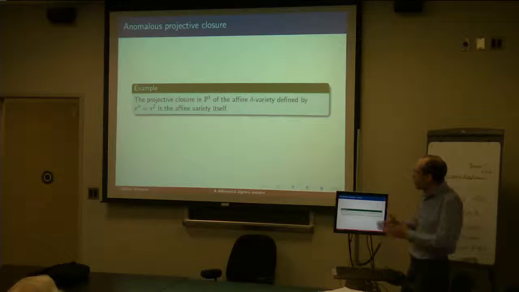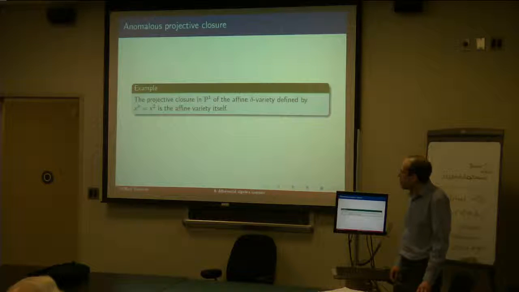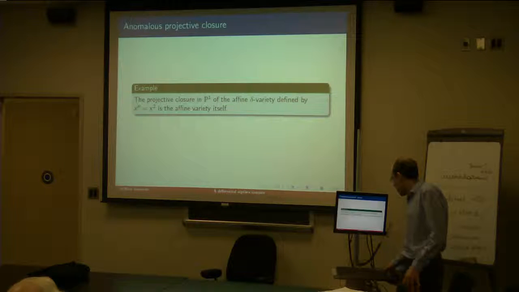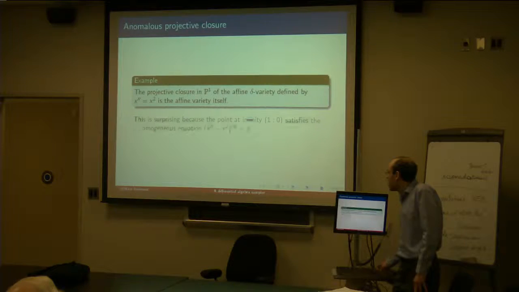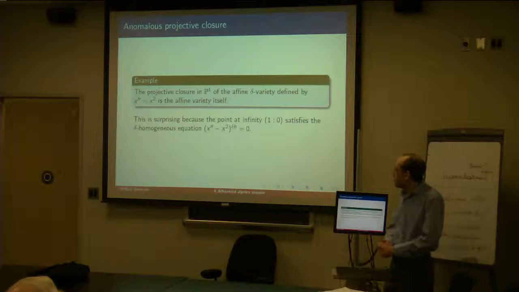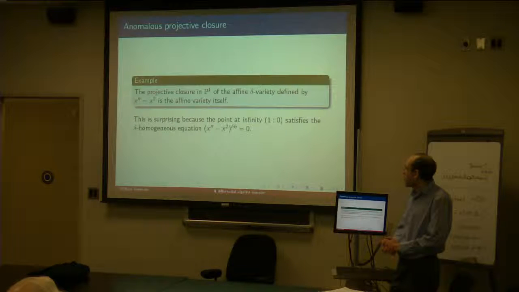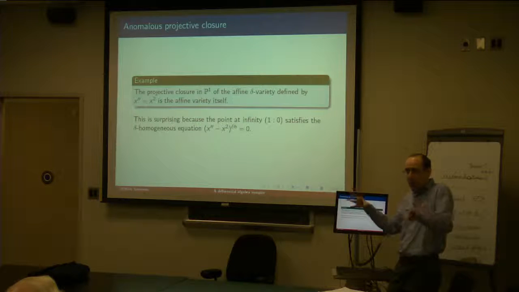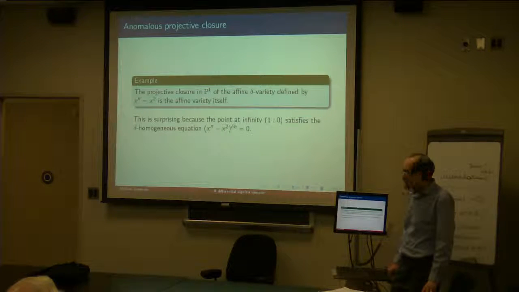So again, we're working in P1. Look at the equation x double prime equals x squared. It's not homogeneous, but if you homogenize it, you do get something that is satisfied by the point at infinity. It's a little bit ugly; we'll see what the equation is in a moment.